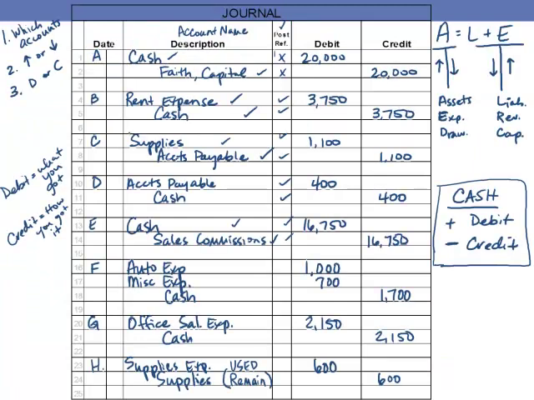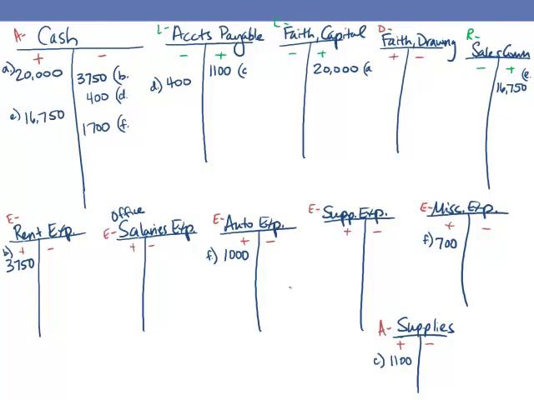Just moving them over. All right, now office salary expense $2,150, cash $2,150, and cash credit $2,150.